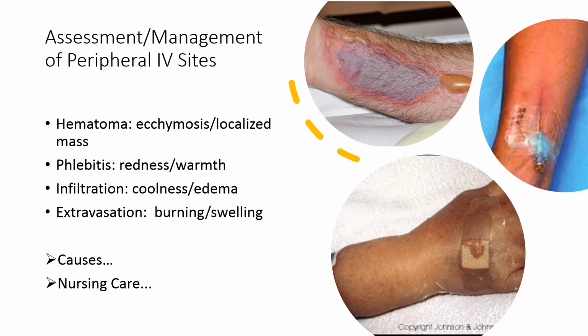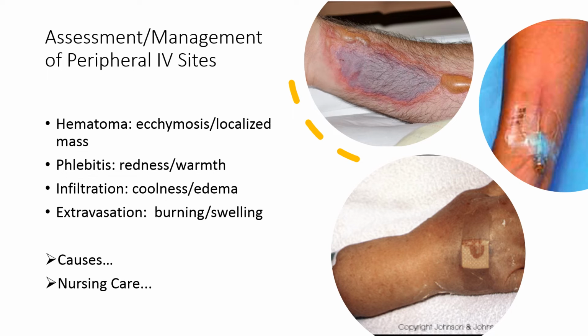The next thing we see is infiltration. With infiltration, that's the picture on the bottom of the slide. We can see that we have swelling, tenderness, pallor, hardness, coolness at the site, and you may see a slowed or stopped infusion.